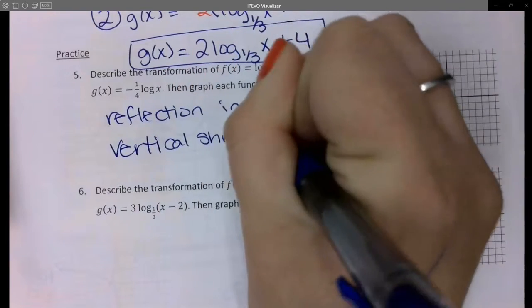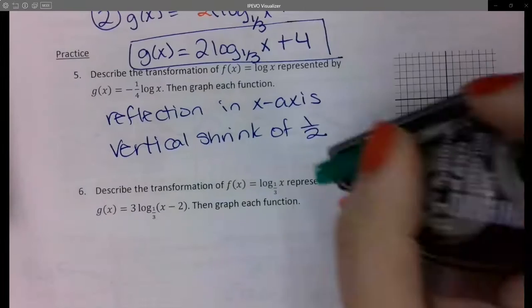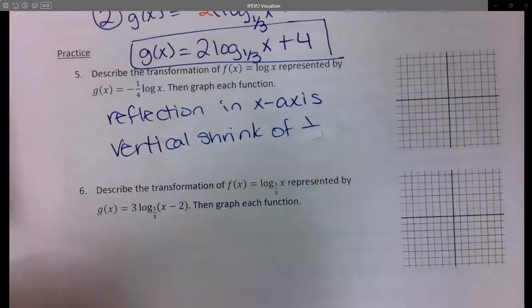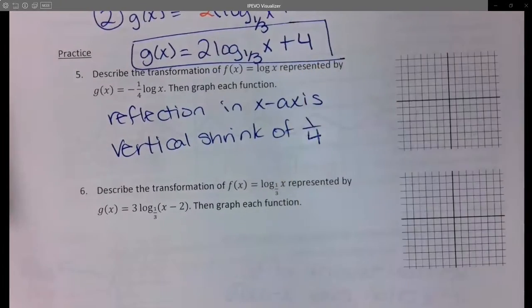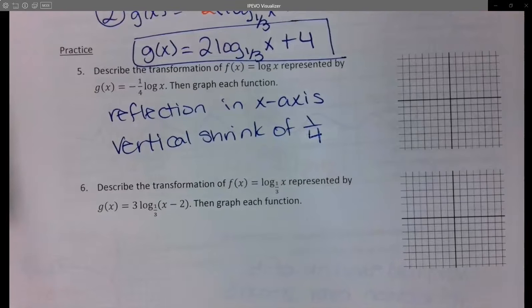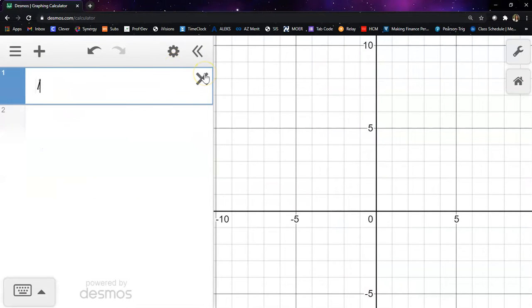And then I have a vertical shrink of 1/4. Why did I say 1/2? So then I want to go graph this one on Desmos.